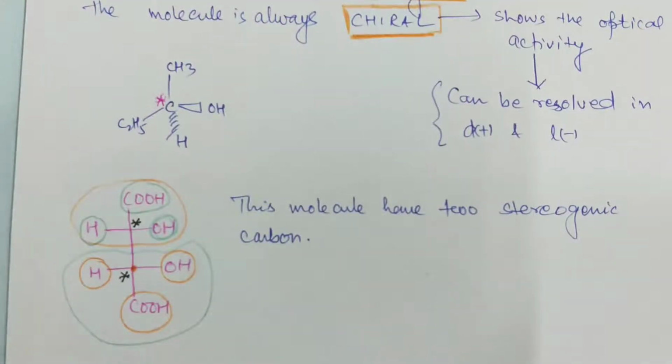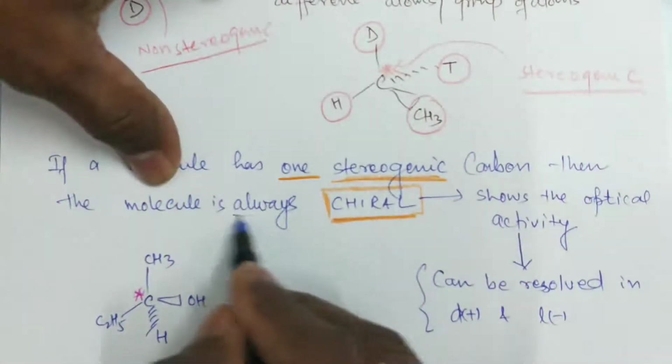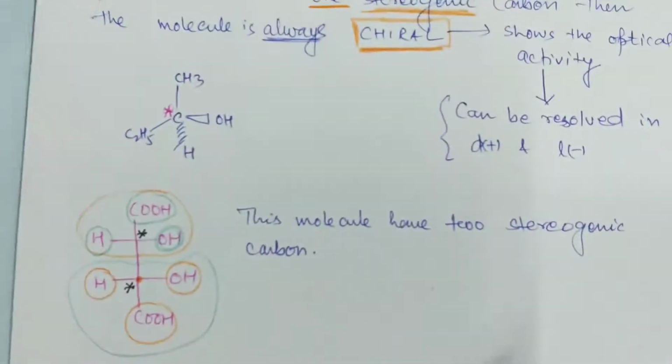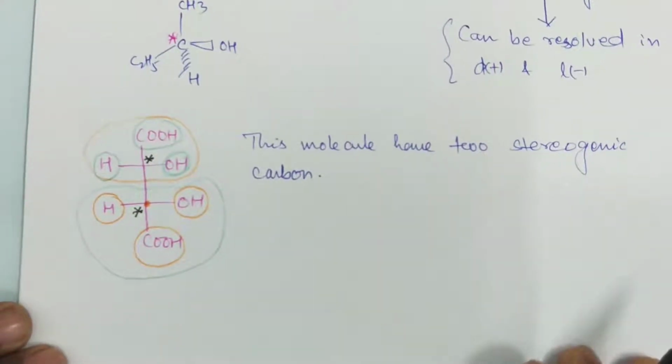Remember, if a molecule has only one stereogenic carbon, then the molecule is always chiral. But if any molecule has two or more than two stereogenic carbons, then the molecule may or may not be chiral.